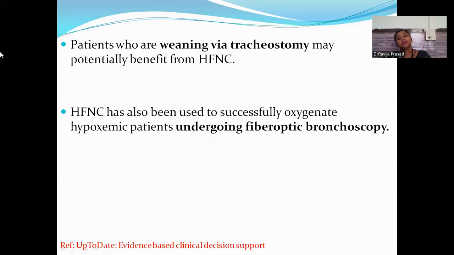Then other conditions: patients who are weaning via tracheostomy may potentially benefit from high flow nasal cannula. The patient who is weaning through tracheostomy is a patient who already has a tracheostomy done. In these patients also, high flow nasal cannula is very beneficial.